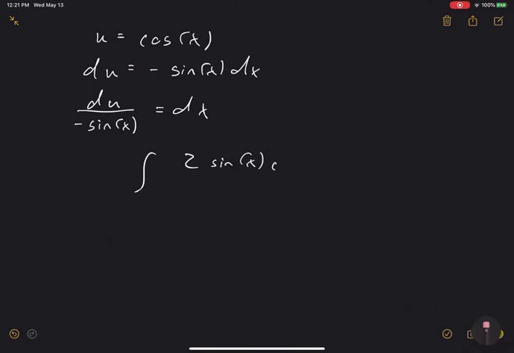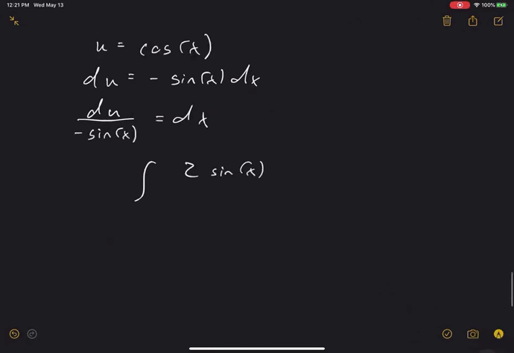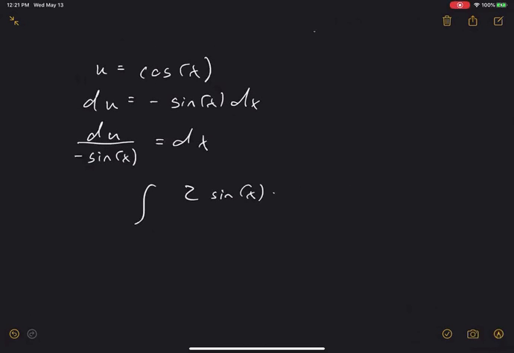I said u was equal to cosine of x, so I'm going to write u there. Instead of cosine squared, I'm going to write u squared. And instead of dx, I'm going to write du over negative sine.